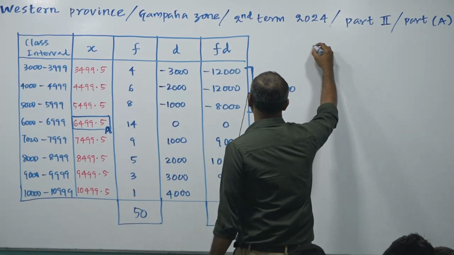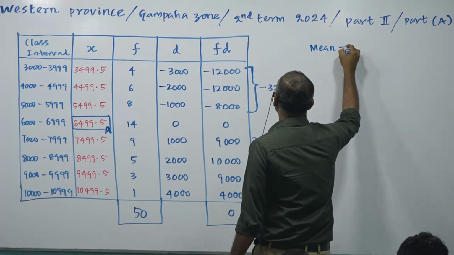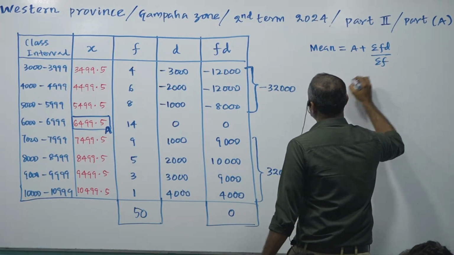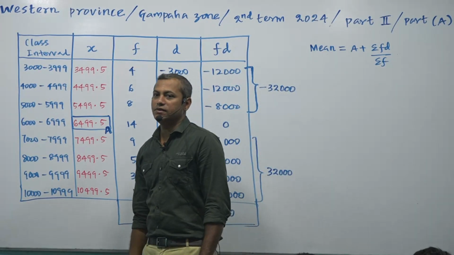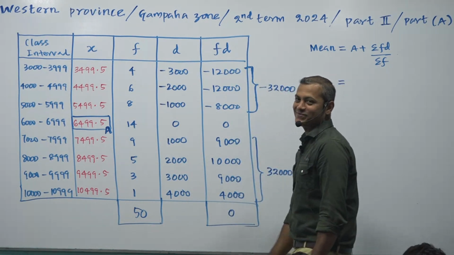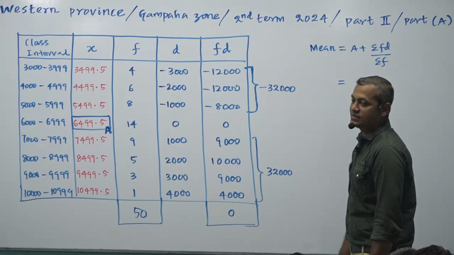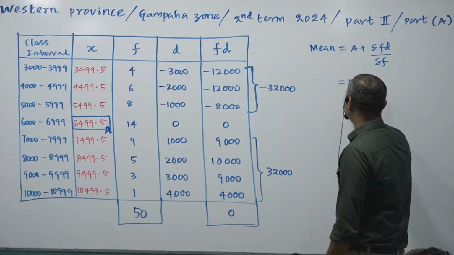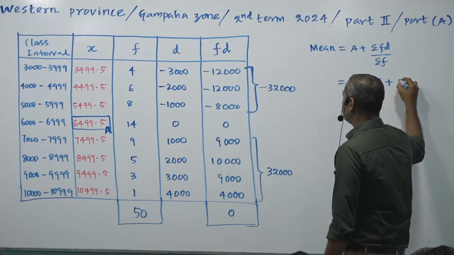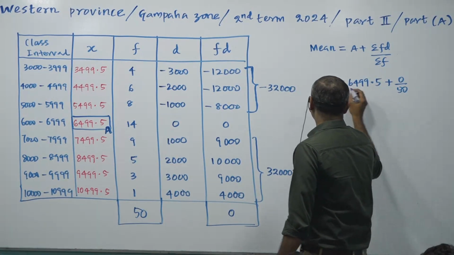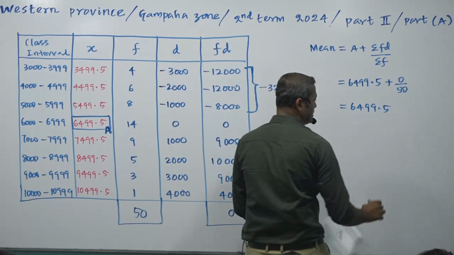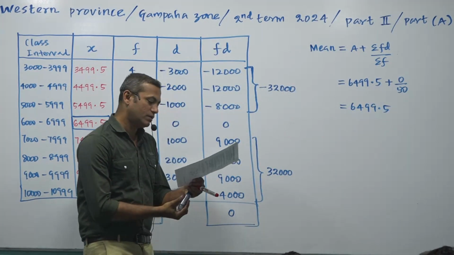So what is the equation to find the mean? Mean equals a plus sigma fd over sigma f. What is the assumed mean? 6,499.5 plus 0 over 50. Then it's 0, so 6,499.5.